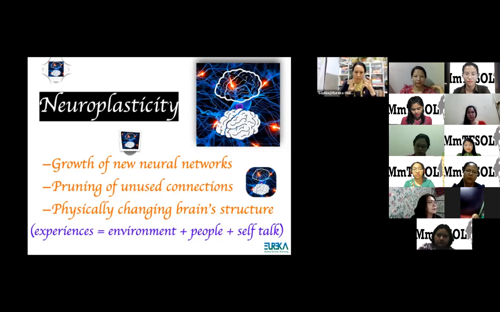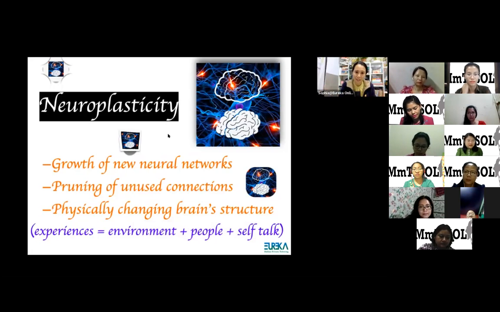So what we experience in our life, people in our environment, and how we tell ourselves, our self-talk, these are all working together and changing our brain physically inside. So imagine what we think, what we do, and people we meet, and books that we read, and movies that we watch. They are all helping us to change the brain structure.